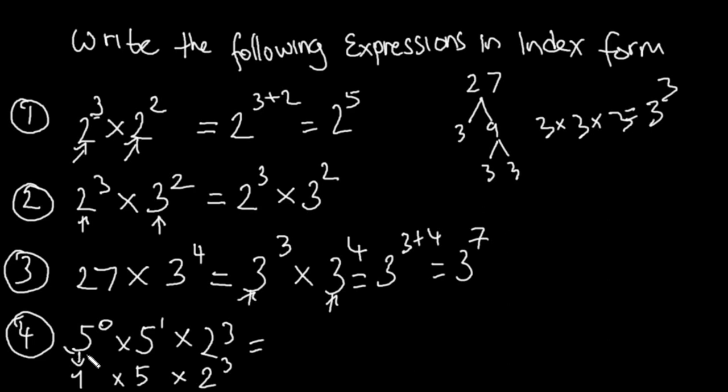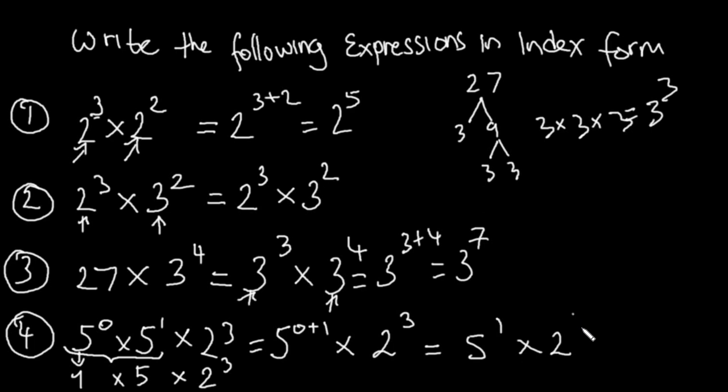In fact, we can use our first index rule for this part of the expression here: 5 to the power of 0 plus 1, since both of our bases are the same, times 2 to the 3. And that will be 5 to the 1 times 2 to the 3, which is the same as 5 times 2 to the 3, right? So we've got the same answer here, and we got the same answer here as well.